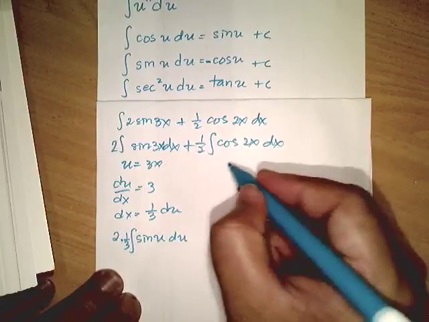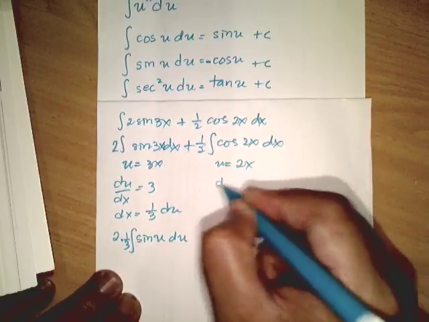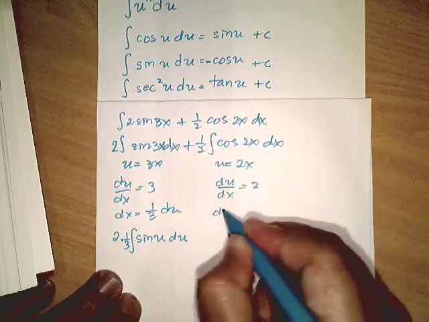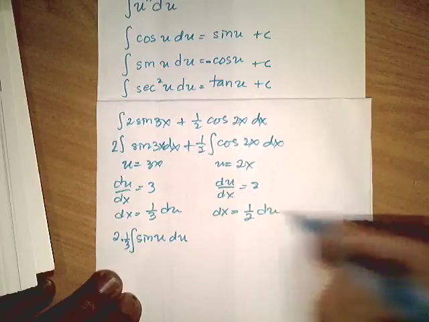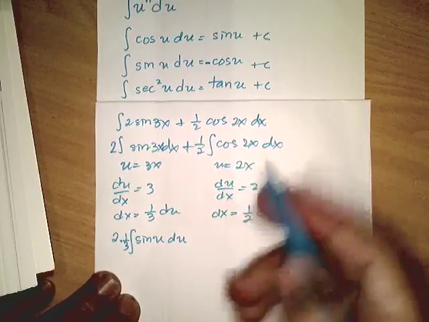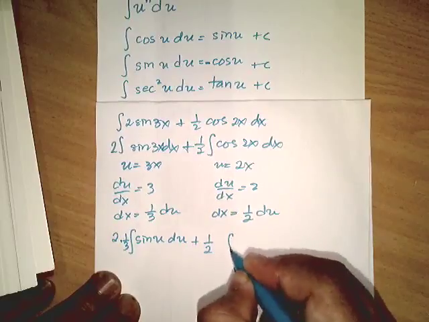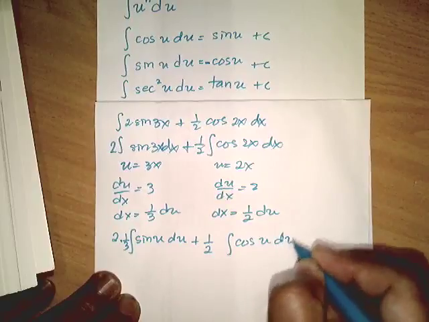In the same manner here, I will let u be equal to 2x. I take du/dx, which is equal to 2. Therefore, dx is equal to 1/2 du. So this one will be equal to plus 1/2 cosine u du.